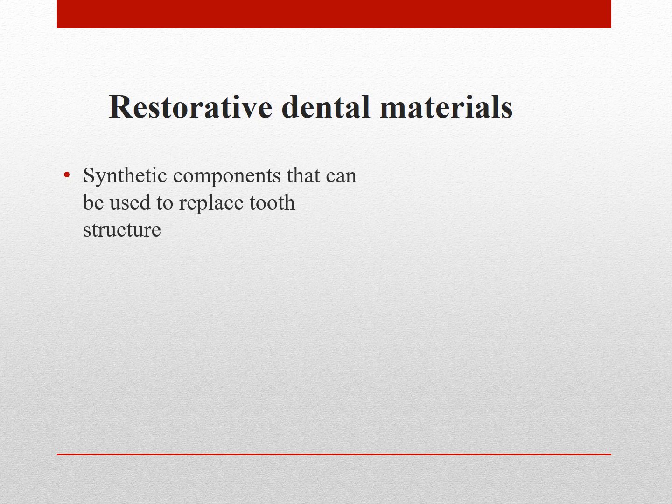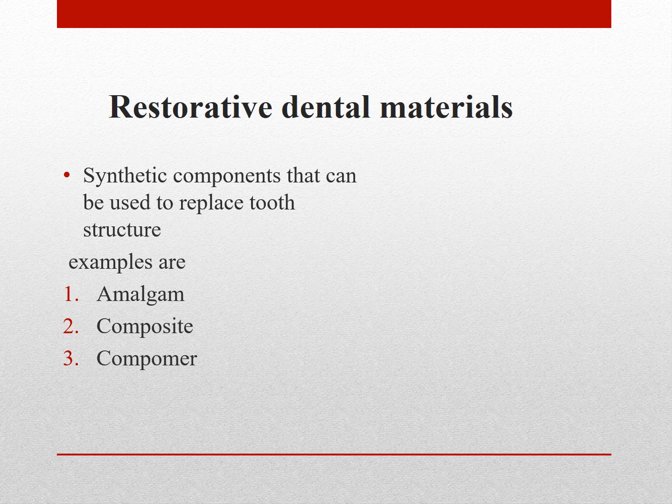Synthetic components that can be used to replace tooth structure are used as restorative dental materials, such as amalgam, composite, and compomer. Amalgam is not used nowadays because it is associated with mercury hazards, and nobody wants something in their mouth which can affect their health and their teeth.